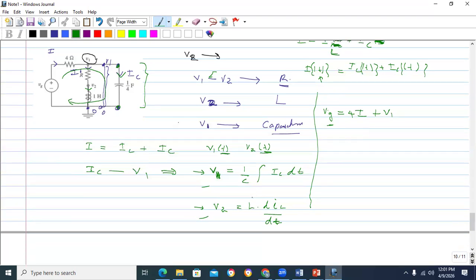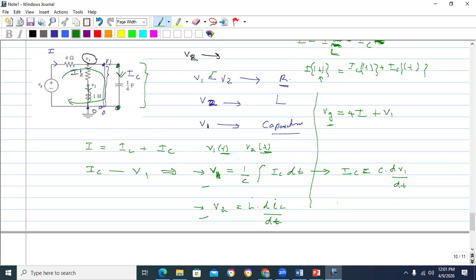Now, instead of this equation, I can write the current across the capacitor. The current across the capacitor IC is C into dV1/dt, where V1 is the voltage across the capacitor. This equation is okay.